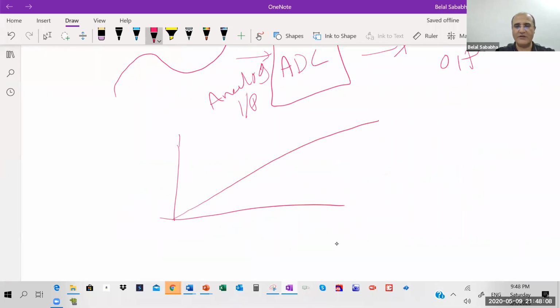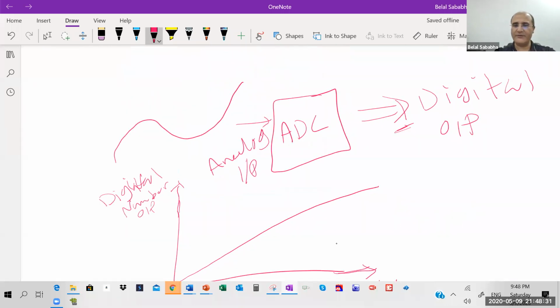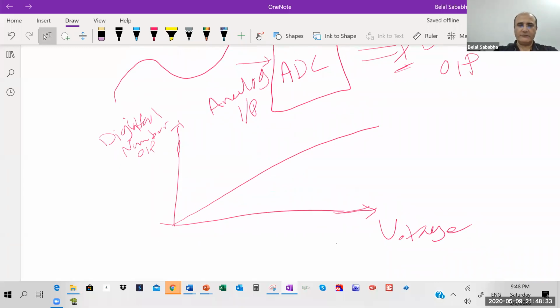Imagine I have this analog signal, linear. How do I convert it? This is the voltage. And this is the digital number, the digital output, the one we're going to get over here. The maximum, the biggest digital number I can get depends on the resolution.